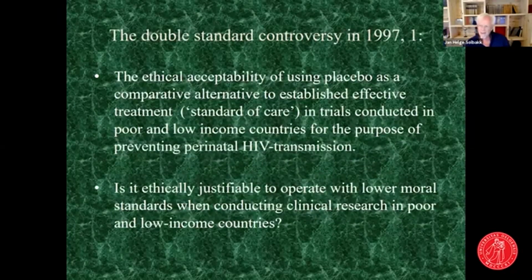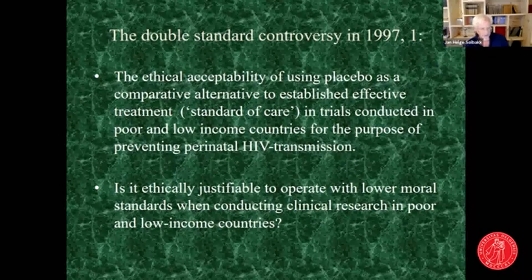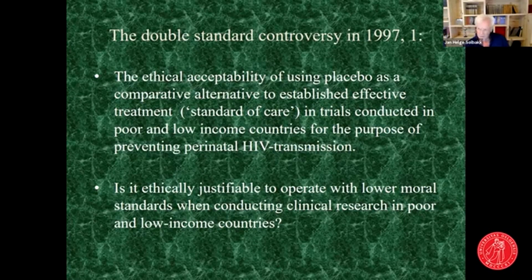But then, in 1997, a first controversy broke out. Until that time, there had been international consensus in medical and health-related research that the use of placebo, that is, to give one group of research subjects sugar pills while the intervention group was given the drug under investigation, could be accepted if no established treatment existed yet.